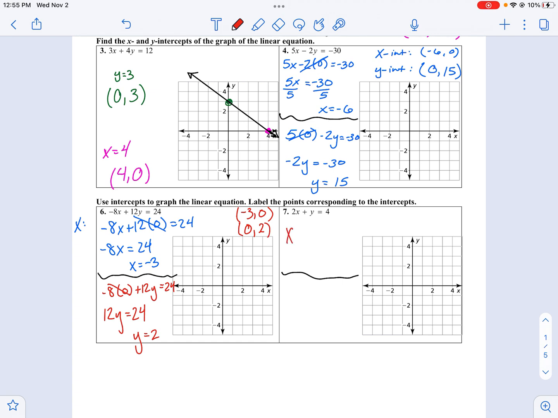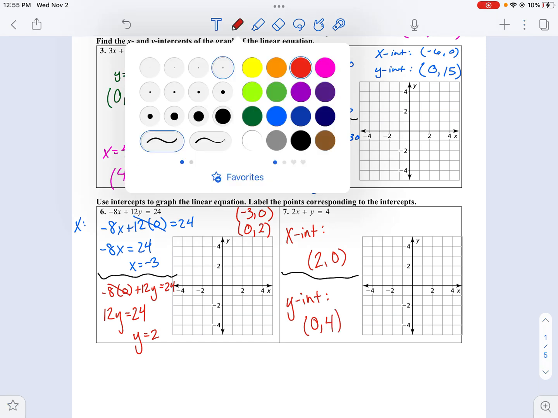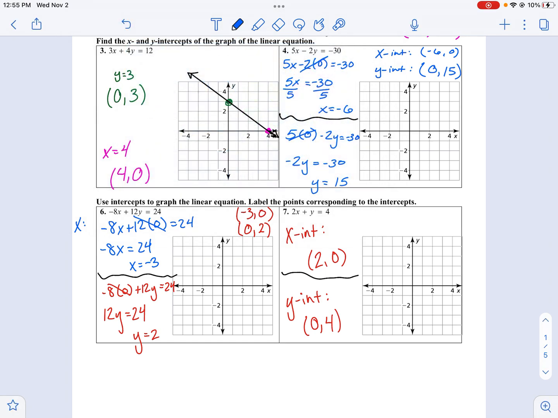And then here your x-intercept should be 2, 0, and your y-intercept should be 0, 4. And when I graph these, I can't really graph the ones on number 4, but I can graph negative 3, 0, and 0, 2. On number 6, I can graph the point 2, 0 and the point 0, 4 on number 7.